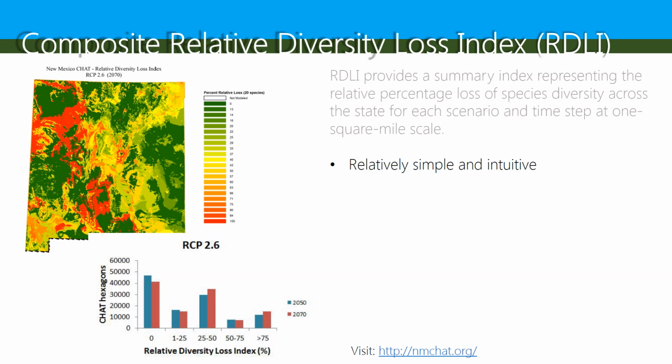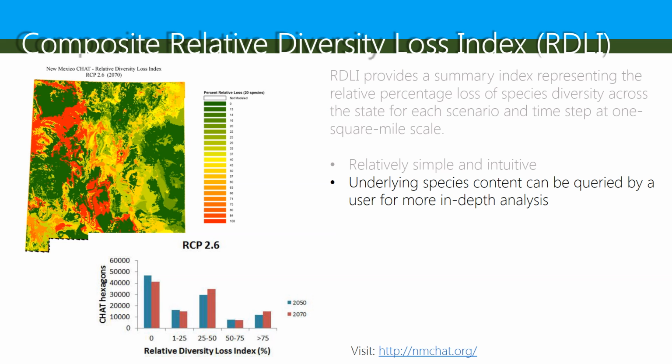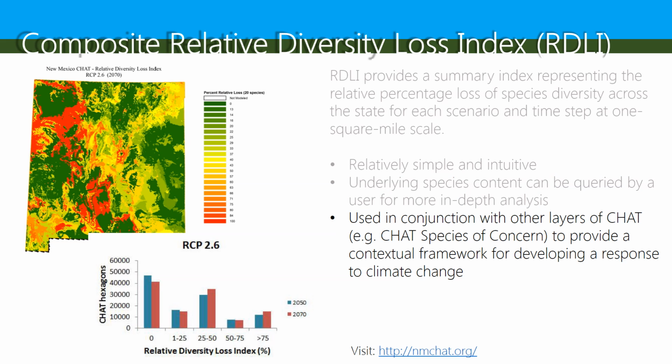RDLI is relatively simple and intuitive, and you can visit the link nmchat.org to query the underlying species content for more in-depth analysis. And we recommend that you use this RDLI in conjunction with other layers of the CHAT to provide a more contextual framework for developing a response to climate change.